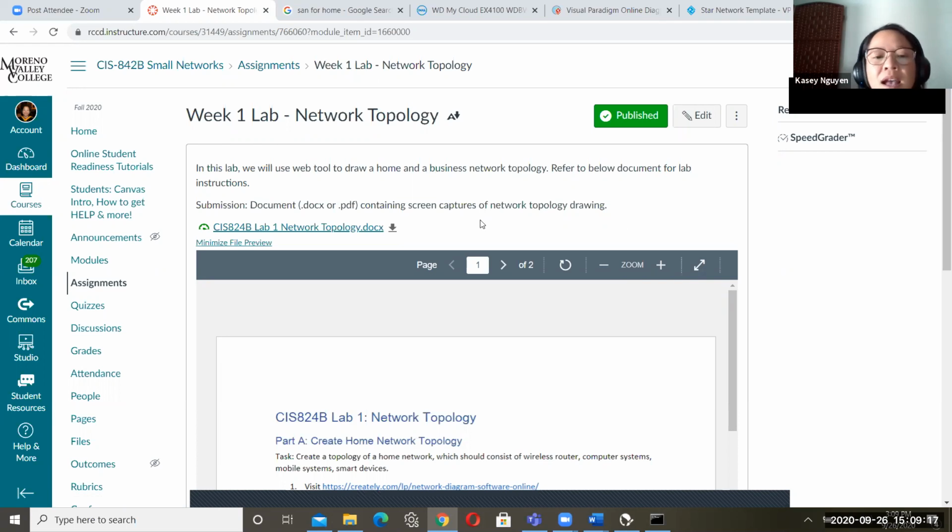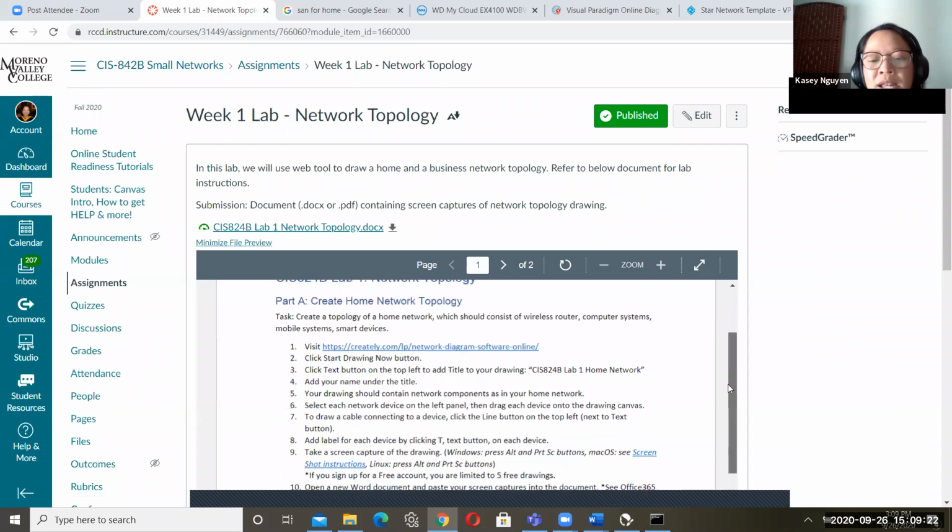You can download the document here, or you can look at the instructions in here. At the end, I want a screen capture of your drawing, right? We might not be able to address all of this right now, because you still have to make adjustments, but I want to preview it so you can do it outside of class if you need to.